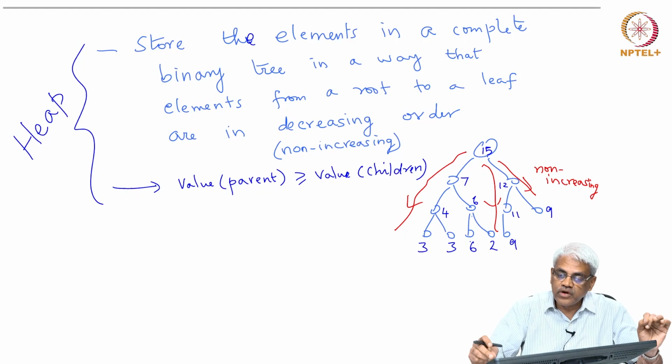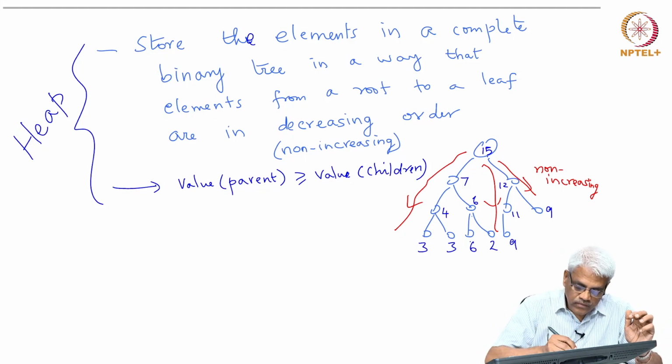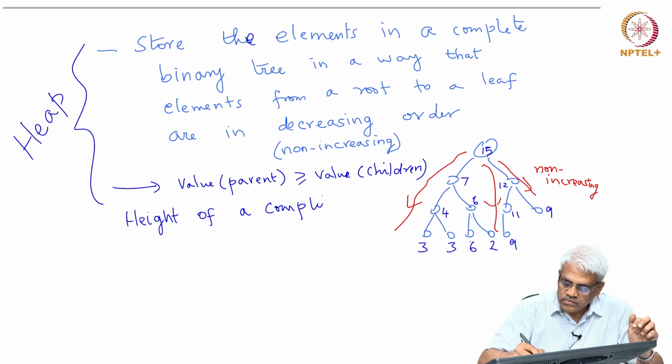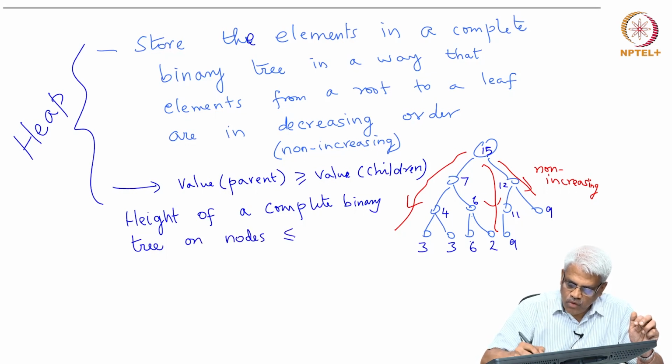Now, one good thing about a complete binary tree, which we saw in the last lecture or the lecture before, is that the height of a complete binary tree on n nodes is at most log of n plus 1.